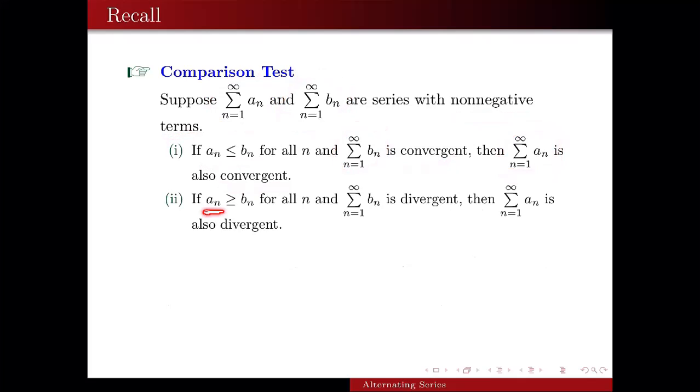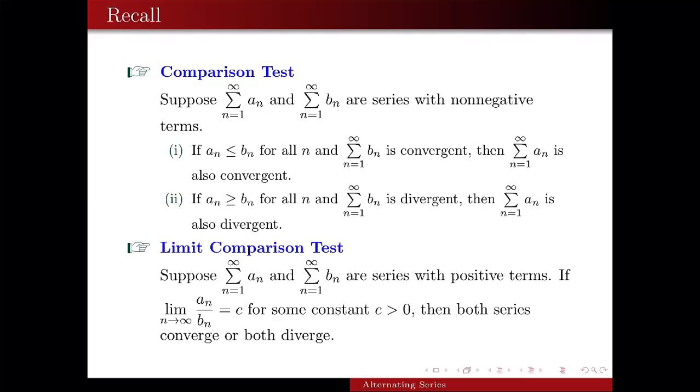If an is greater than or equal to bn and the series bn is divergent, then the series an is also divergent. So if the smaller series is divergent, the bigger series is forced to be divergent. So this is the comparison test.